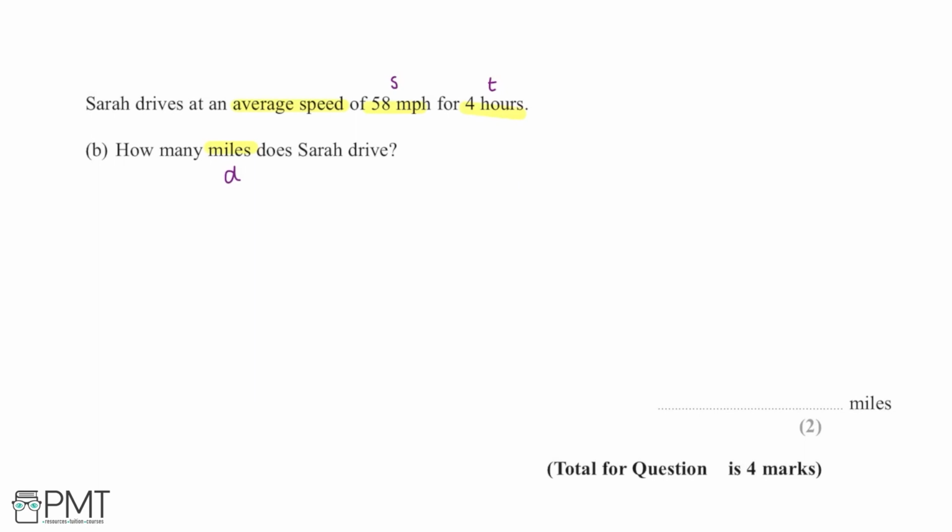Now, if I know that the equation is speed is equal to distance over time, in order to get this in terms of distance here, if we multiply both sides of the equation by time, by t, we're going to be left with distance is equal to the speed multiplied by the time taken.